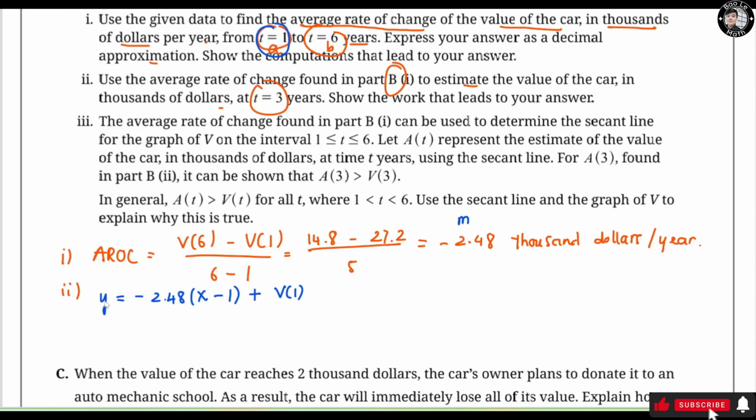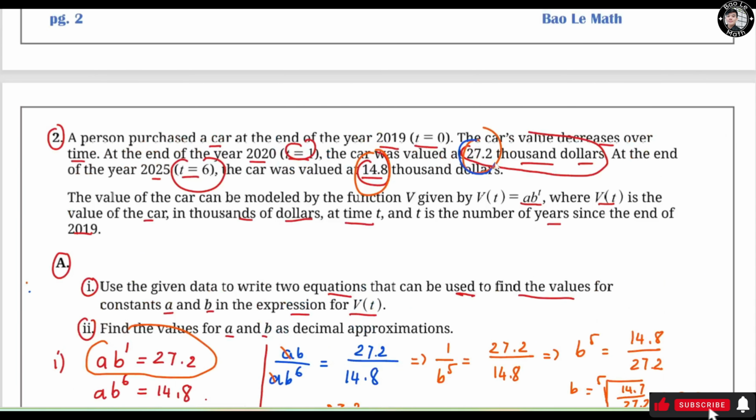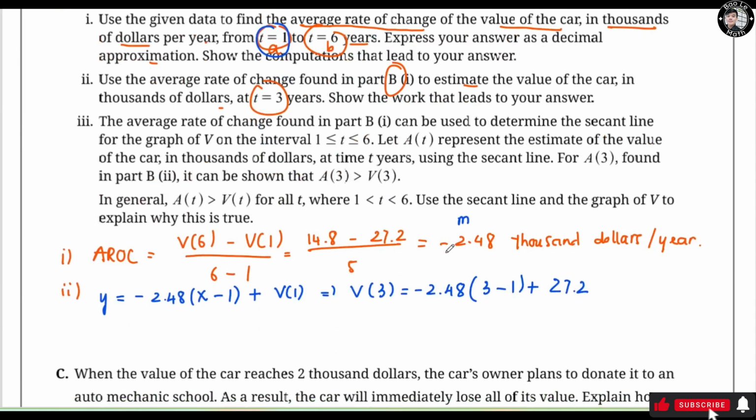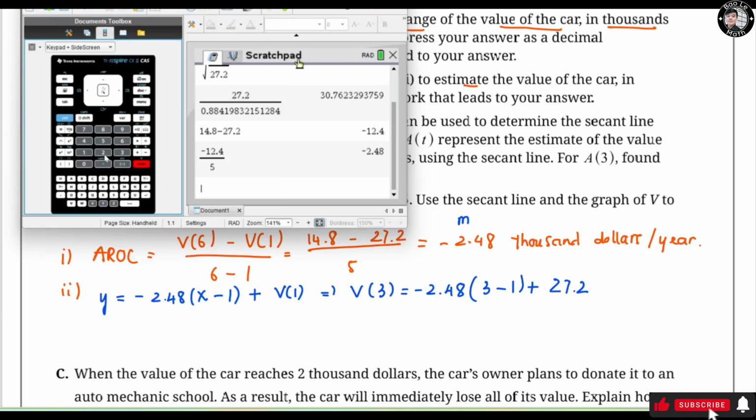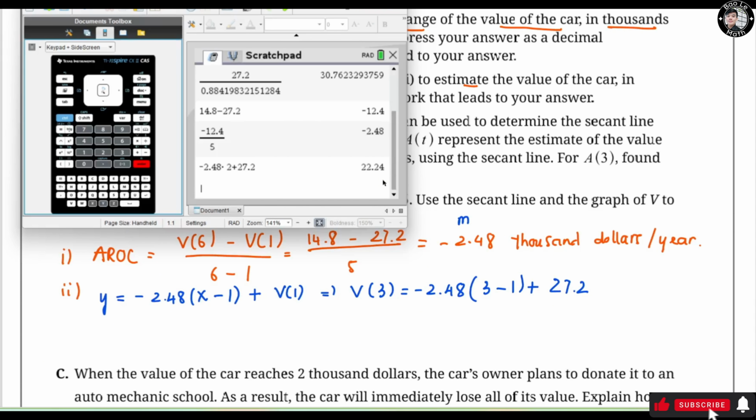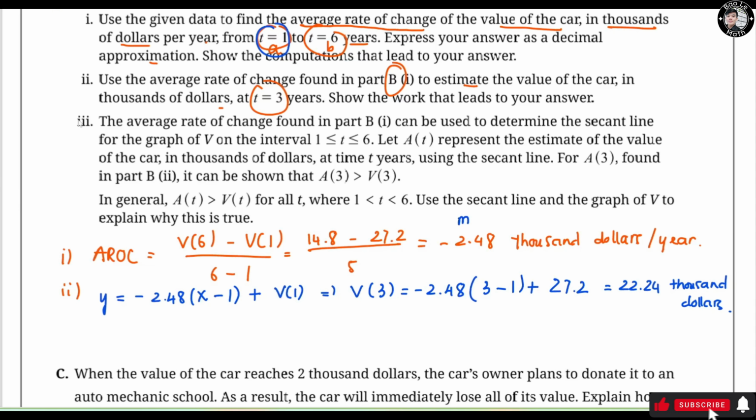Now y here is actually V of 3. So I'm going to write this as V of 3 equals negative 2.48 times 3 minus 1 plus V of 1, which is 27.2. So it's going to be $22,240.